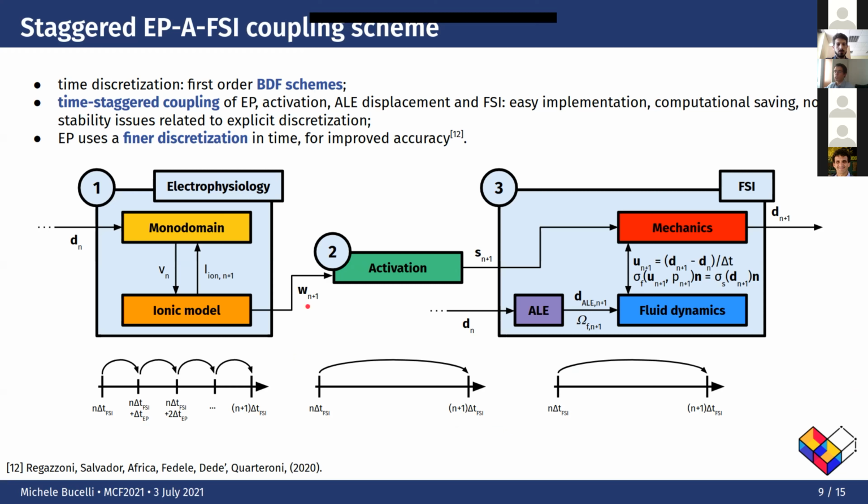I'd like to point out that some of the coupling terms are treated in an explicit way, but our experiments didn't find any issues concerning stability due to this explicit treatment. On the other hand, of course, this kind of approach facilitates both implementation and reduces computational cost with respect to a hypothetical fully implicit coupling scheme.